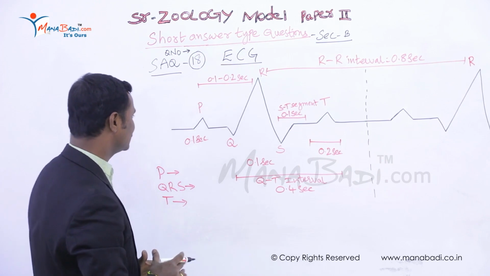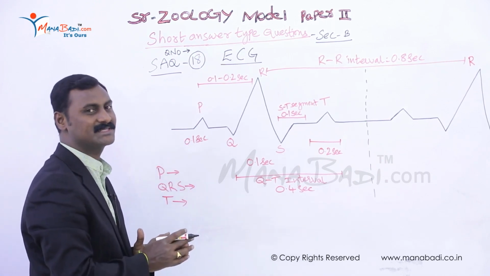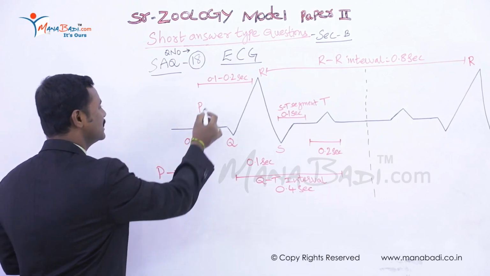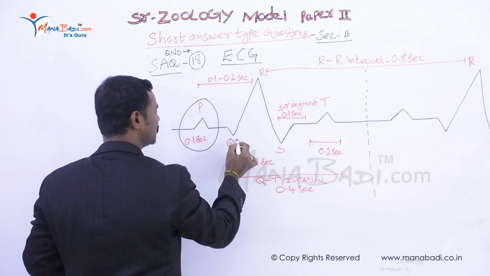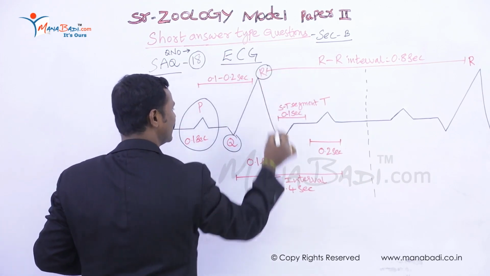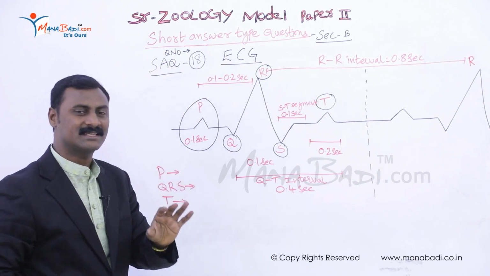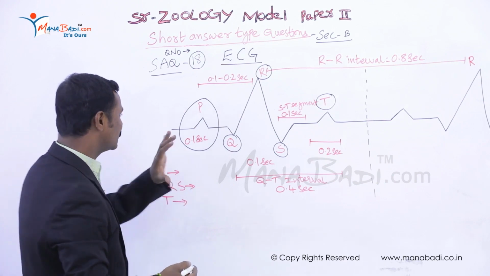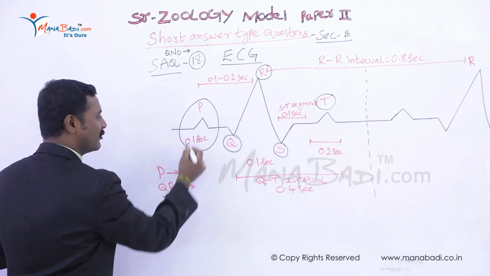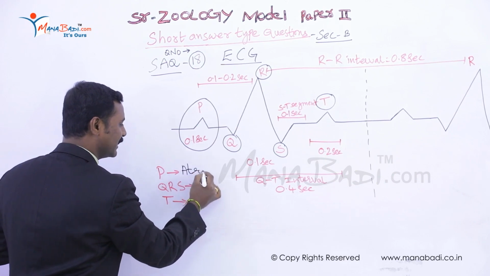So here in the ECG, there are most important events we are going to discuss. That is all about P, you see this circle, and also Q, R, S, T. The alphabets we will use here are P, Q, R, S, T. So here P is one that is called atrial systole.